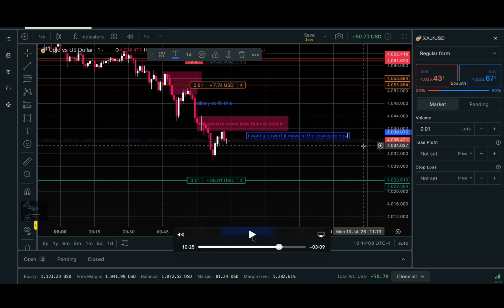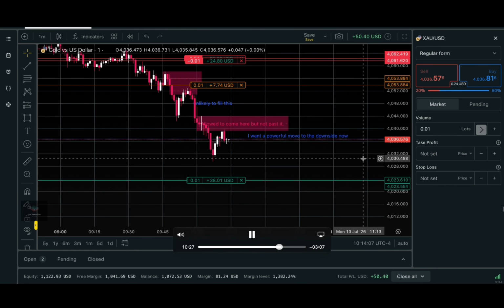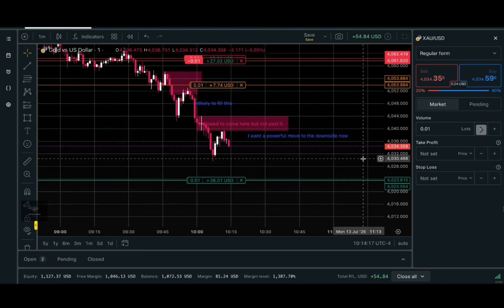Now you will see the magic happening here. Here I wrote, I want a powerful move to the downside now, right? Now just sit and watch. It stalls for a few seconds or a minute, and then you'll see how it goes.